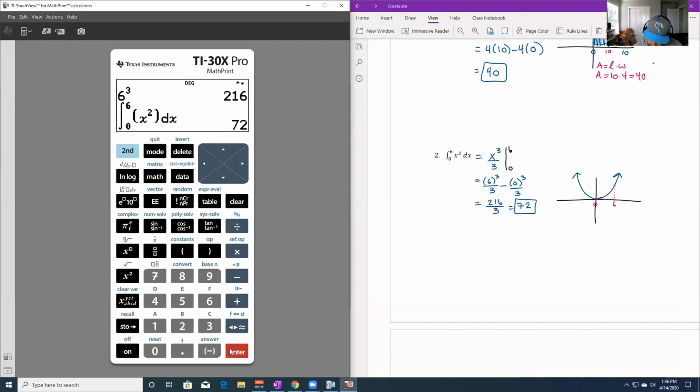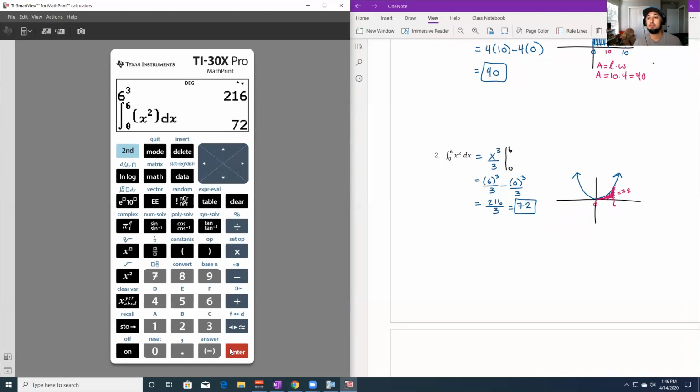So this is everything we found. So all this area is equal to 72. That's it. That's all we're looking for.